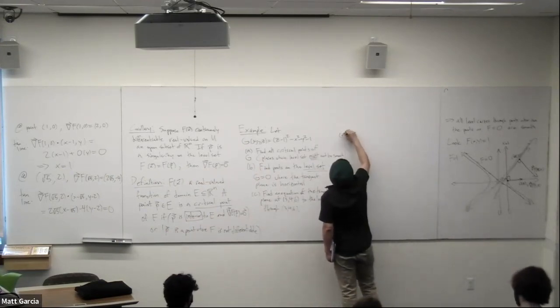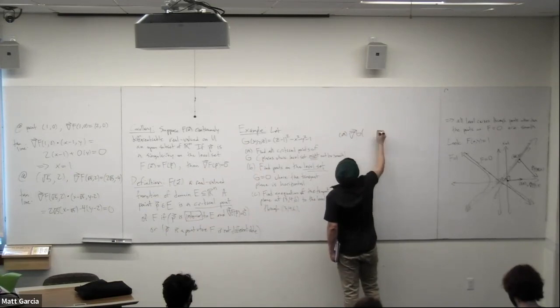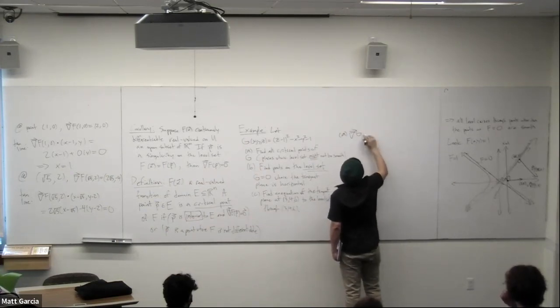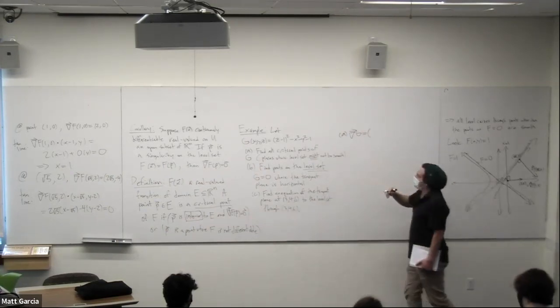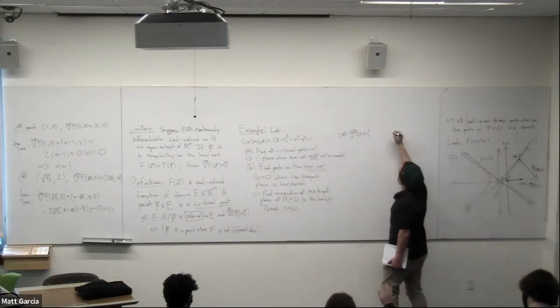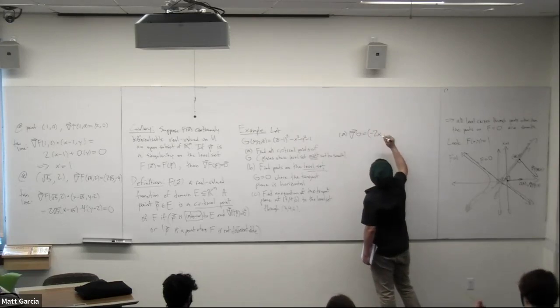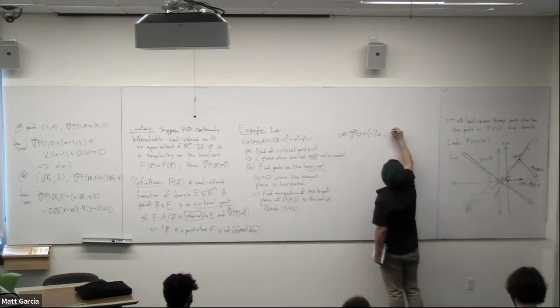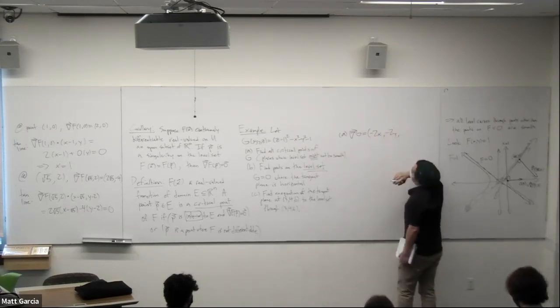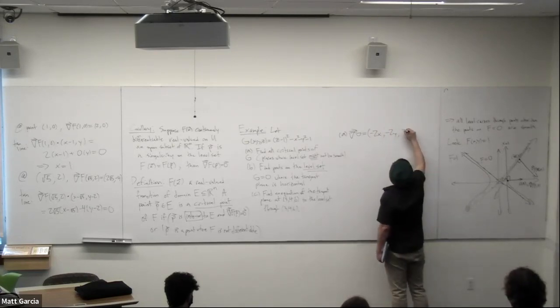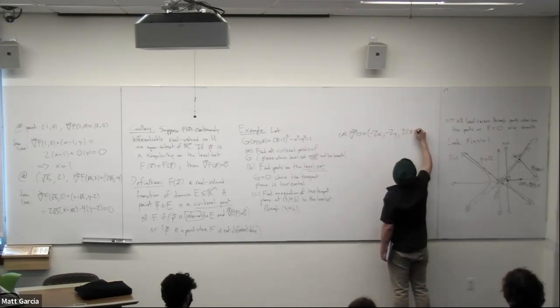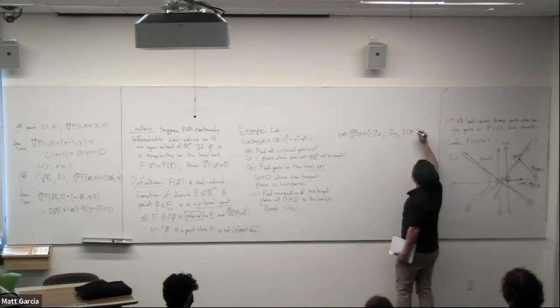So this is for part A. Gradient of g is what? What's the derivative with respect to x? Good. With respect to y. Good. And with respect to z. I'm just going to leave it like this, but yes.